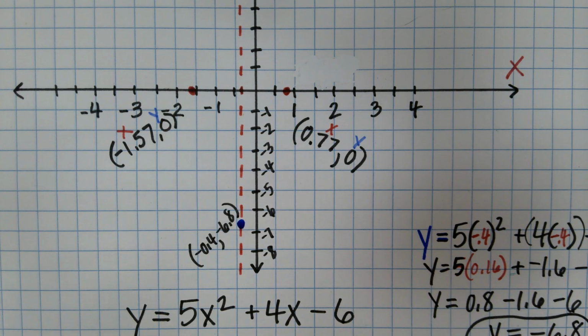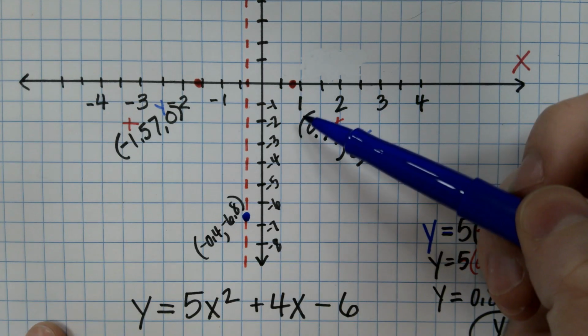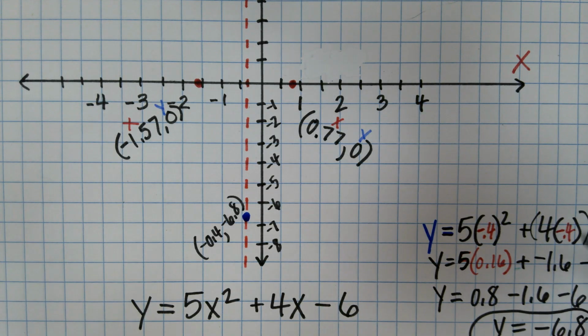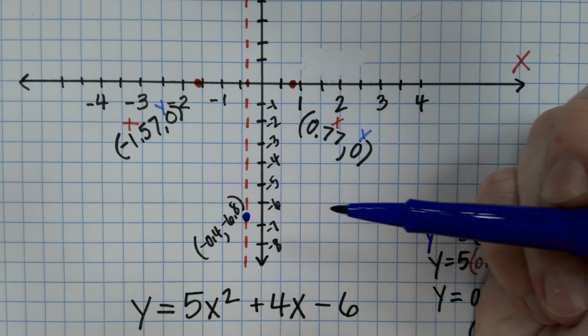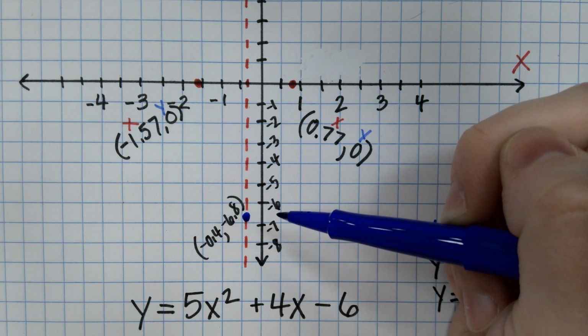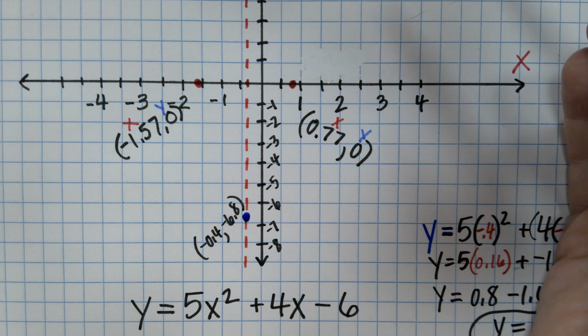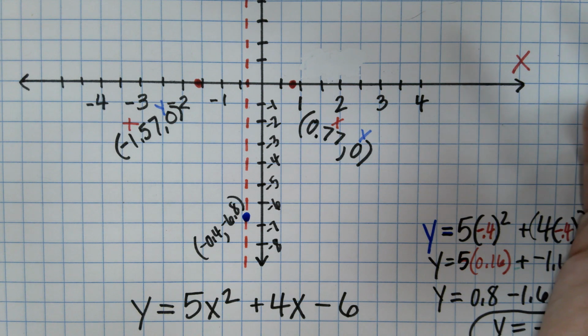So here's what we got. We've got our vertex. We've got our x-intercepts. And now we're going to draw our parabola. So, for what we know right now, this is going to be an estimated graph.